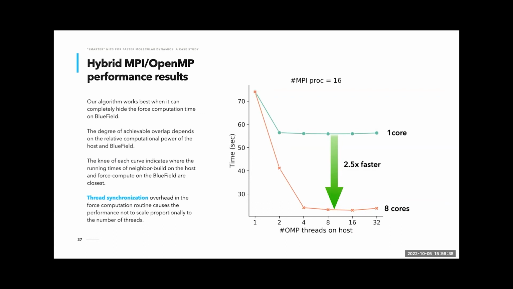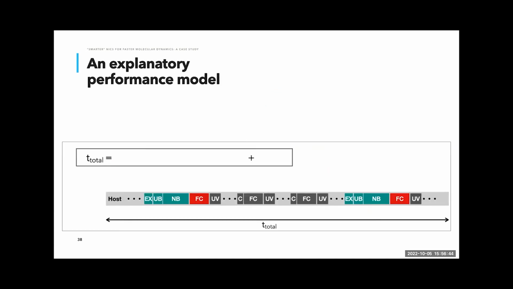This is because of synchronization overhead in the force computation routine. To better understand the performance of our offloading algorithm, we developed a simple performance model that estimates the runtime of the offload algorithm.